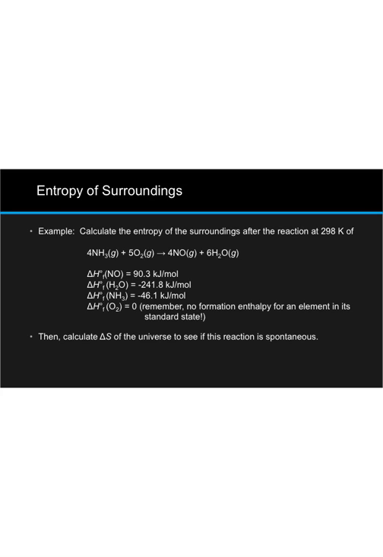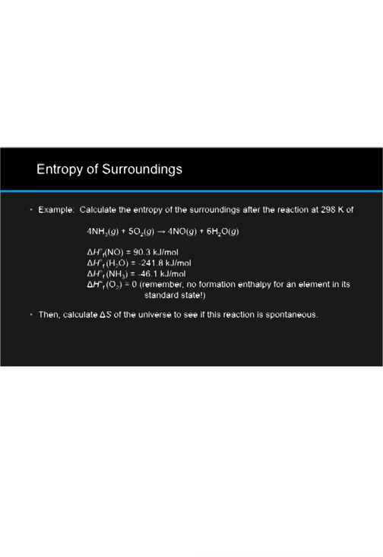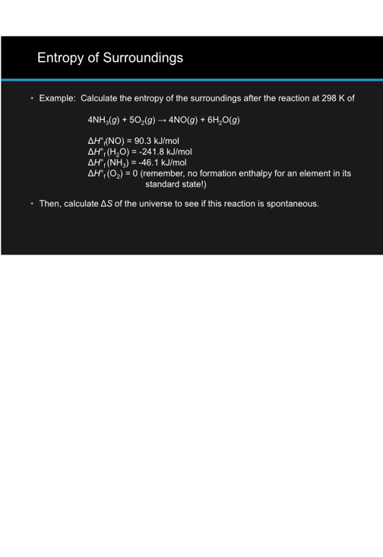So let's think about this reaction, the reaction of ammonia and oxygen occurring at room temperature, 298 K. We're going to calculate the entropy of surroundings, knowing something about the enthalpy of this reaction. So, this is General Chemistry 1 thermo. We're given here delta H's of formation, enthalpies of formation of all of our products and our reactants.